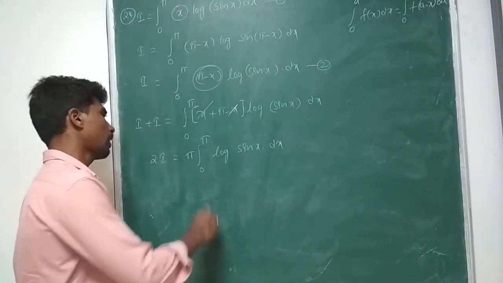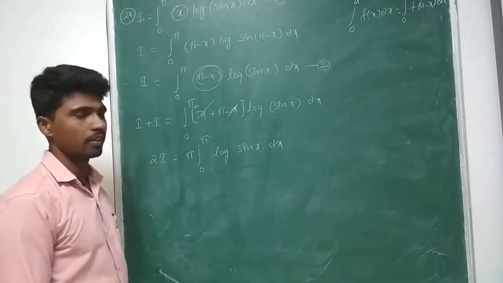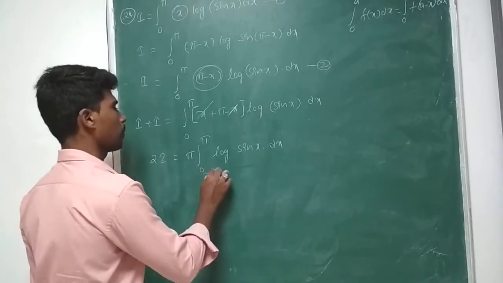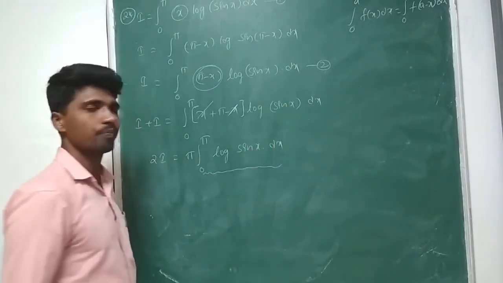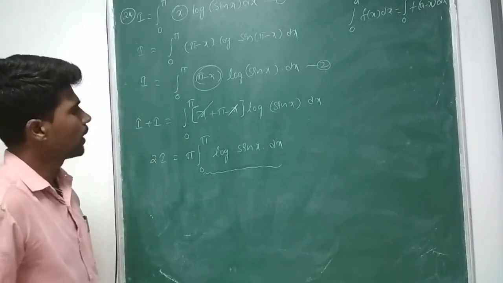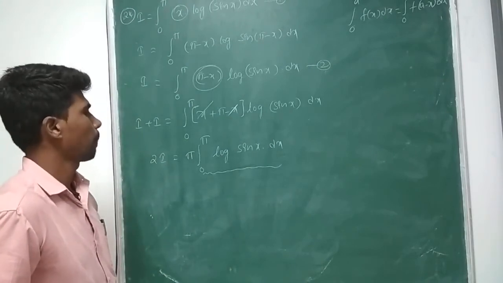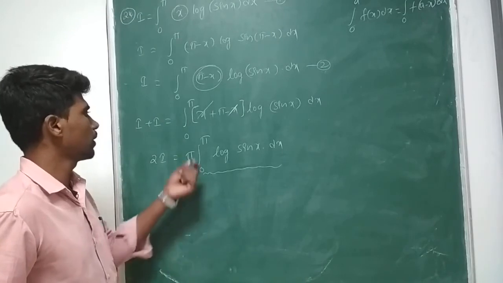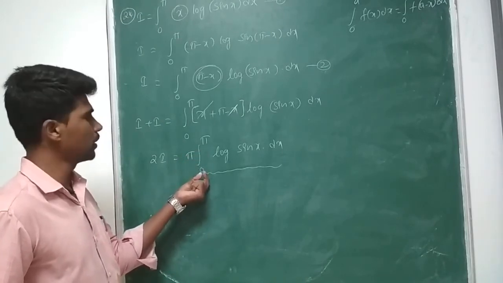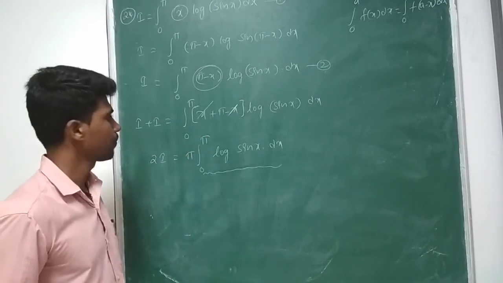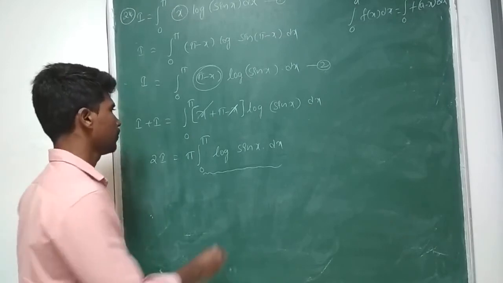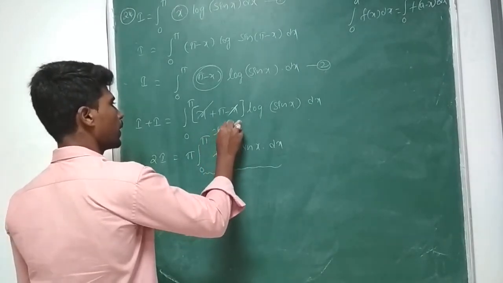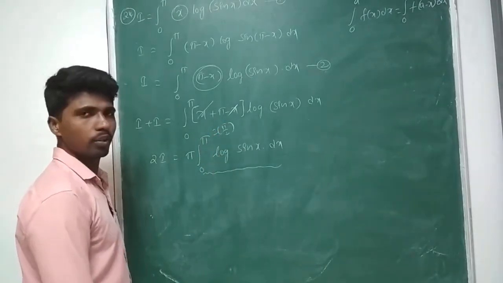Now I have to evaluate this one, integral 0 to pi log sin x dx. So shall we check whether it satisfies the integral 0 to 2a property or not? See, I have pi here. Pi can be written as 2 into pi by 2.